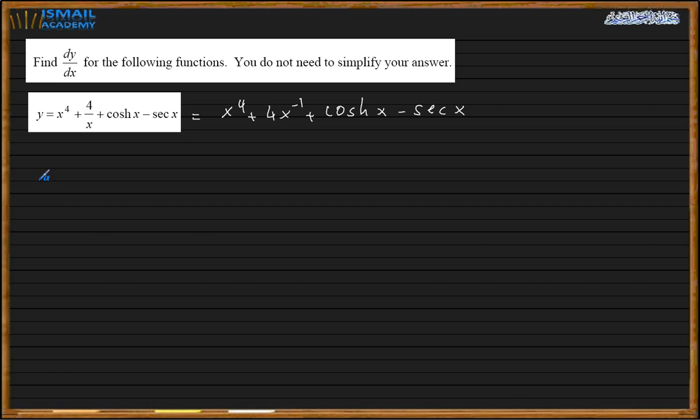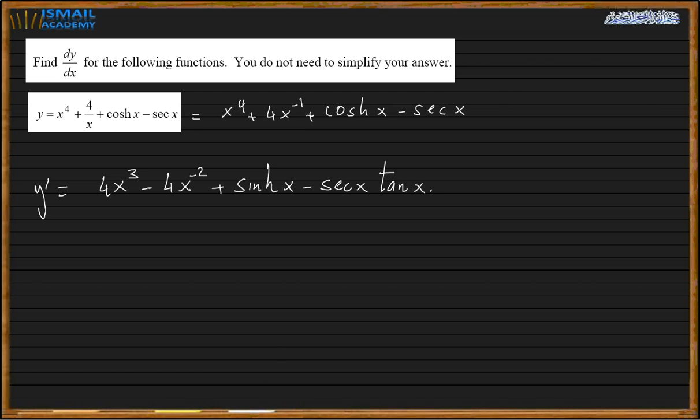So y prime will be equal to 4x cubed minus 4x minus 2. The derivative of cosine hyperbolic is sine hyperbolic, and the derivative of secant is secant tan, so it's going to be minus secant x tan x. So this is for this question.